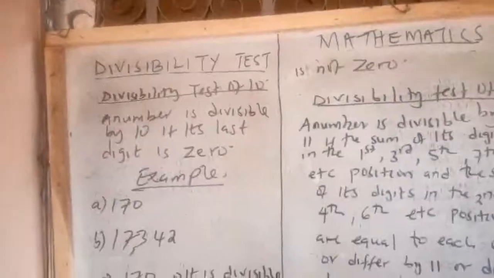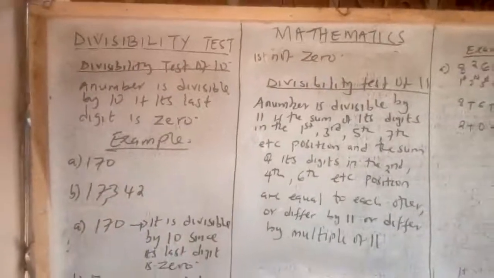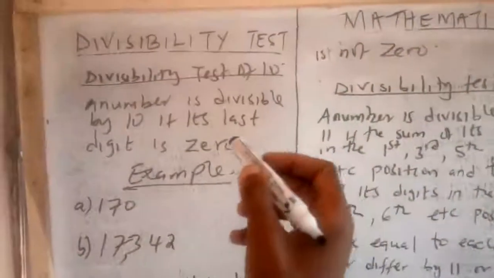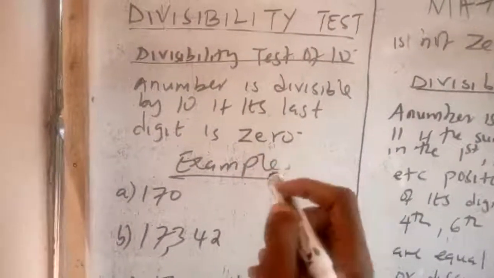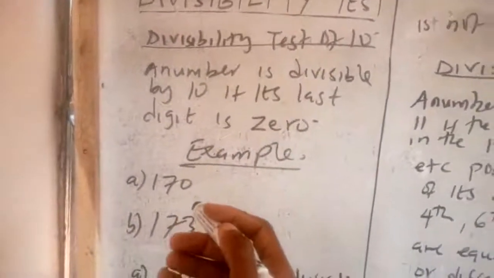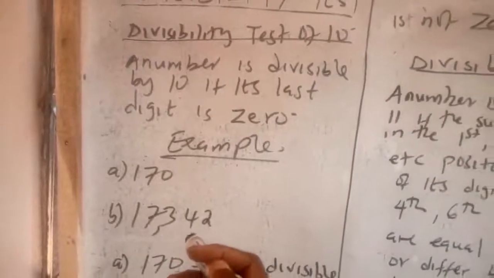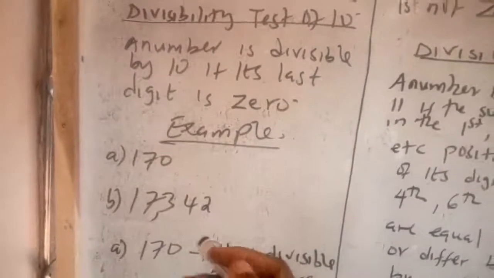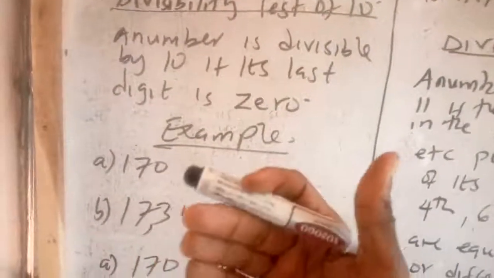As far as the divisibility test of 10 is concerned, we normally say that a number is divisible by 10 if its last digit is 0. An example: we have 170 and 17,342, and we are asked to prove whether they are divisible by 10 or not.